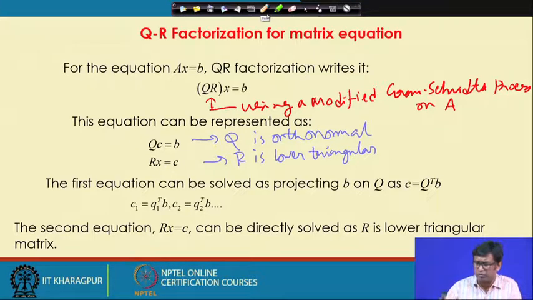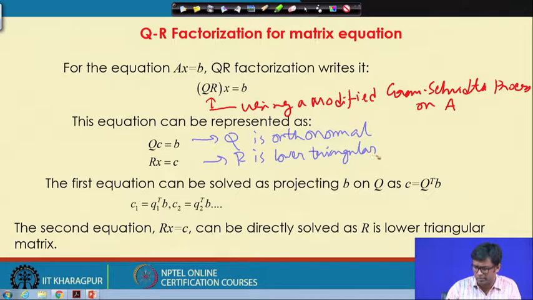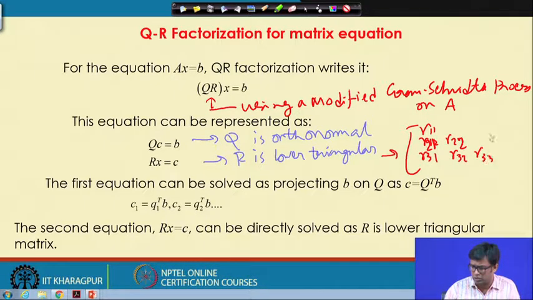That means R has a shape like this: R11, R21, R22, R31, R32, R33, and here we have x1, x2.